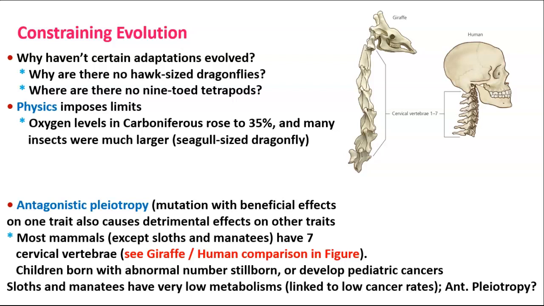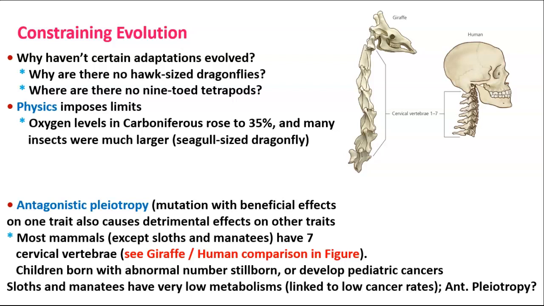So this would seem to support the hypothesis that the reason why, in some cases, we don't see some adaptations, for example, giant hawk-sized insects, is simply because it's physically impossible. But also here we're coming back to this concept of antagonistic pleiotropy.